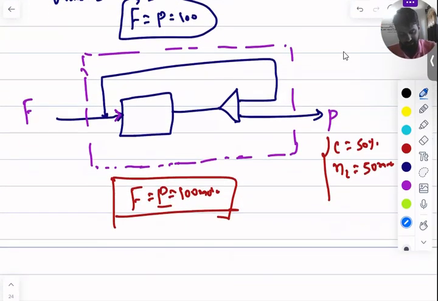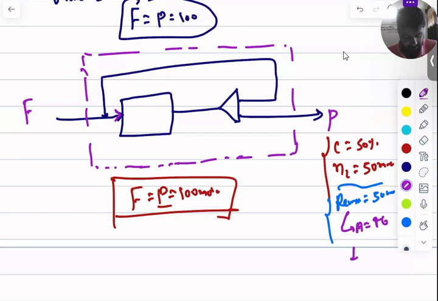Now, how many moles are remaining? Remaining will be 50 moles. So how much A will be there? A will obviously be 46 and inert will be 4. Why? The total amount of inert in the feed will be equal to the total amount of inert in the product only, right?